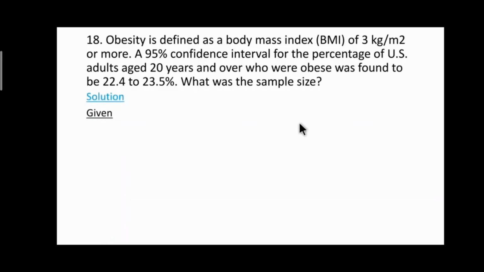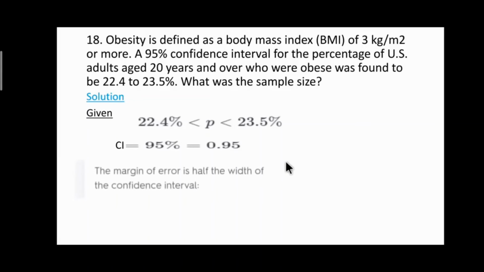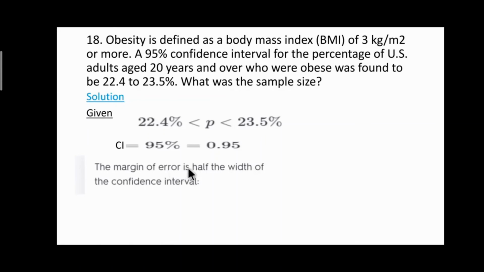Solution. Given that the population proportion is greater than 22.4% and less than 23.5%, and our confidence interval is equal to 95% or 0.95. The margin of error is half the width of the confidence interval.